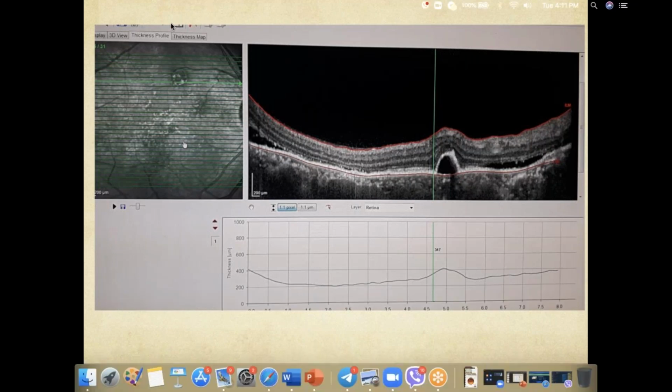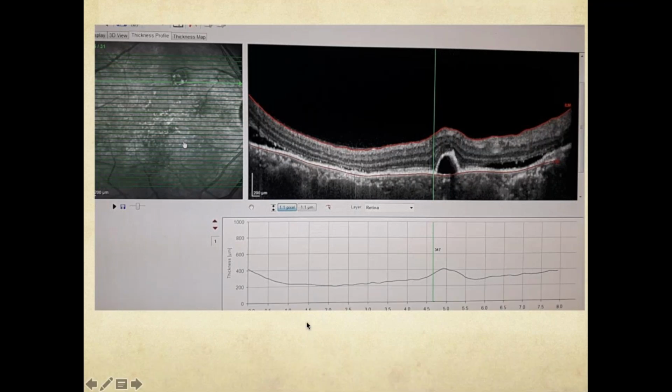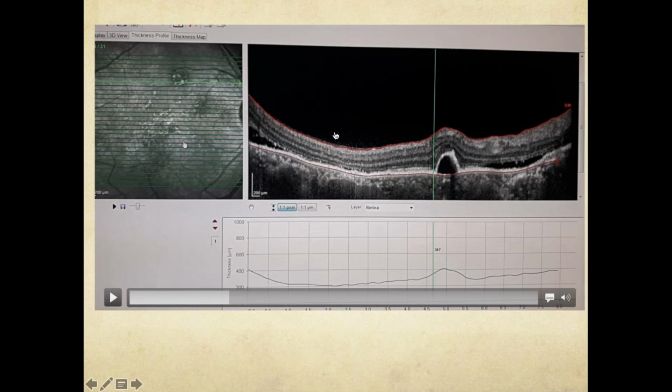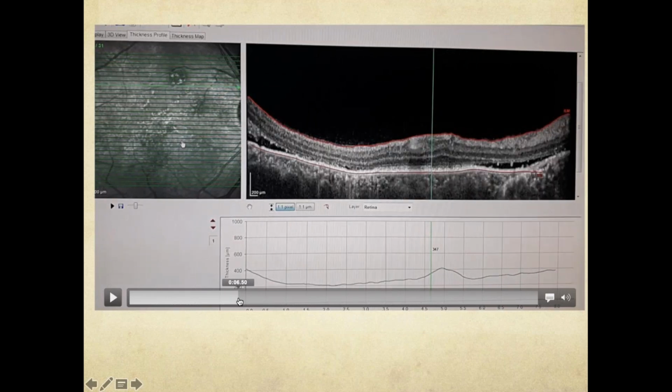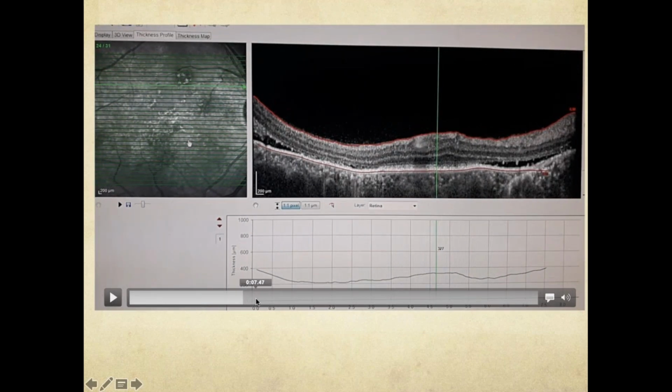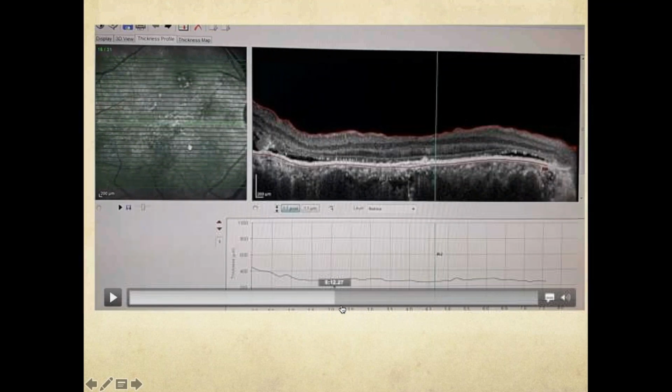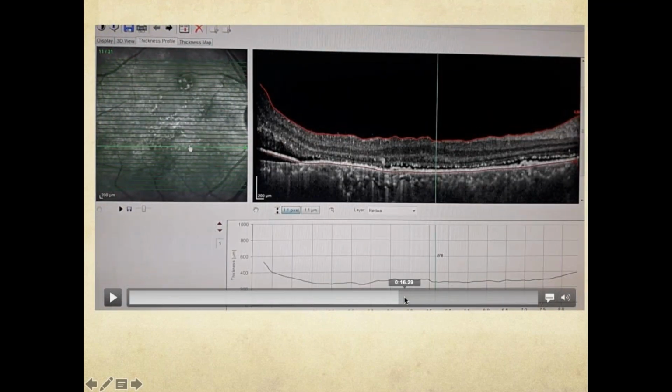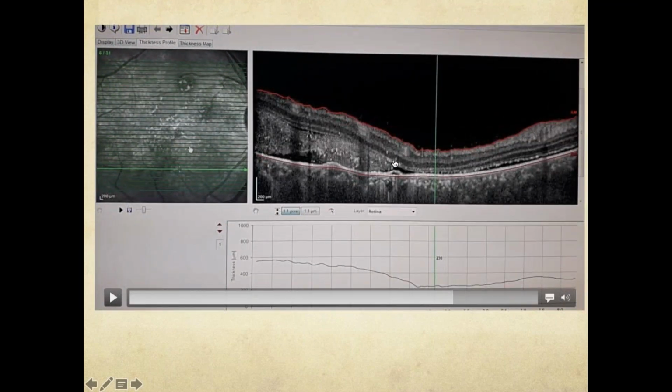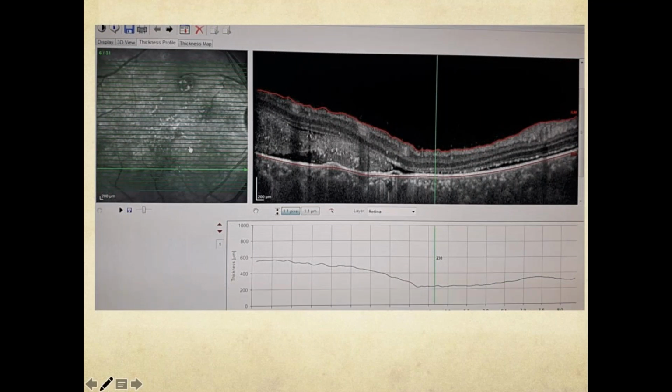So in a similar image, if I show you, because initially we thought it was a VKH and the patient received steroids, then later on I suspected something here. What is this?